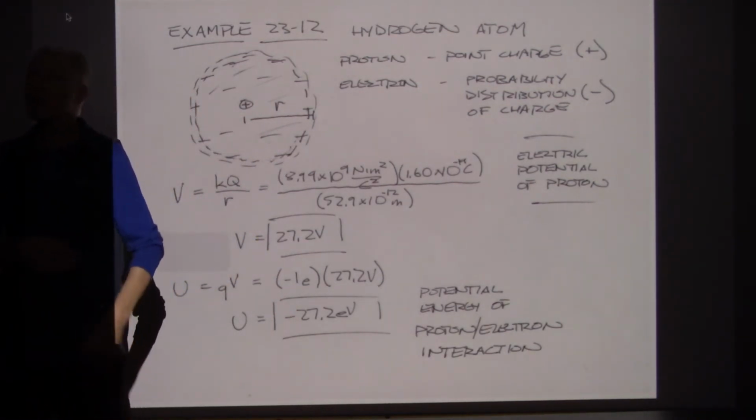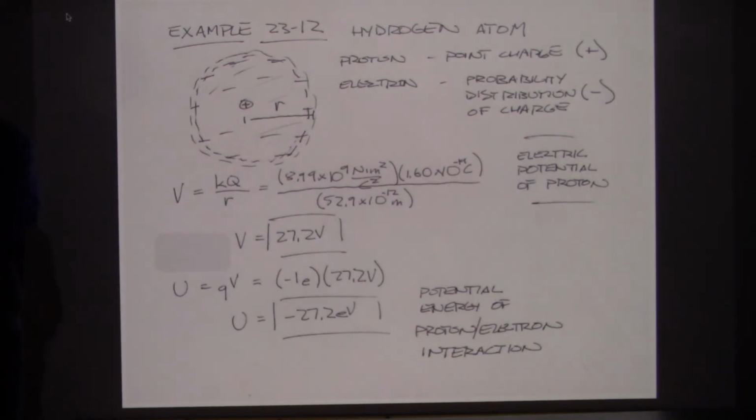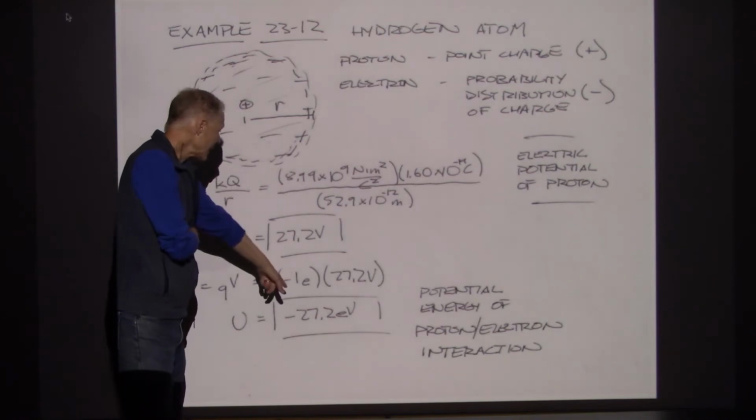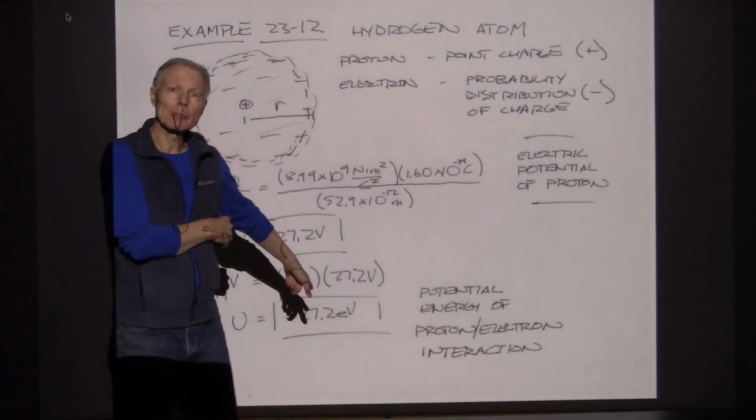So that would be the potential energy of the interaction, on average, between the proton and the electron within a hydrogen atom. There's that much. You could think of this as a kind of binding energy, but more specifically, let's think of it as an electric potential energy.